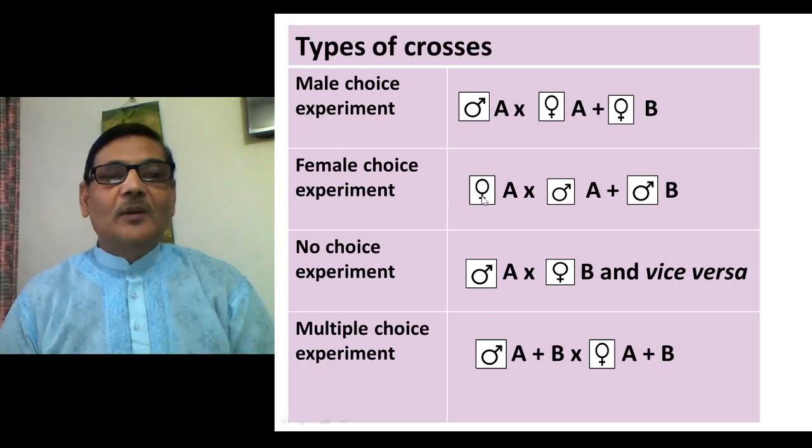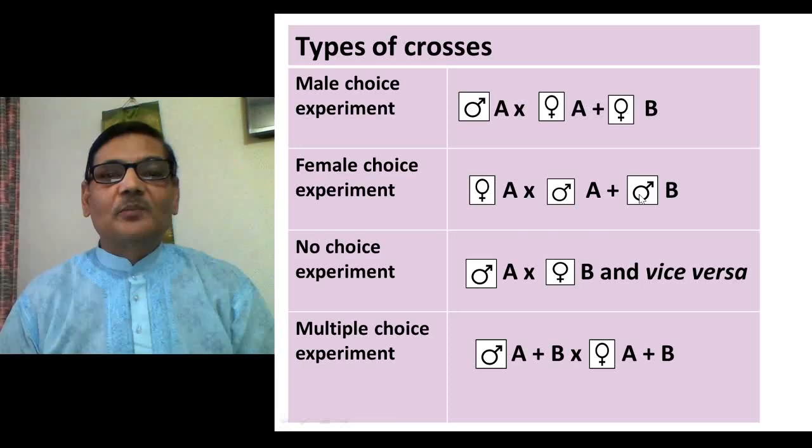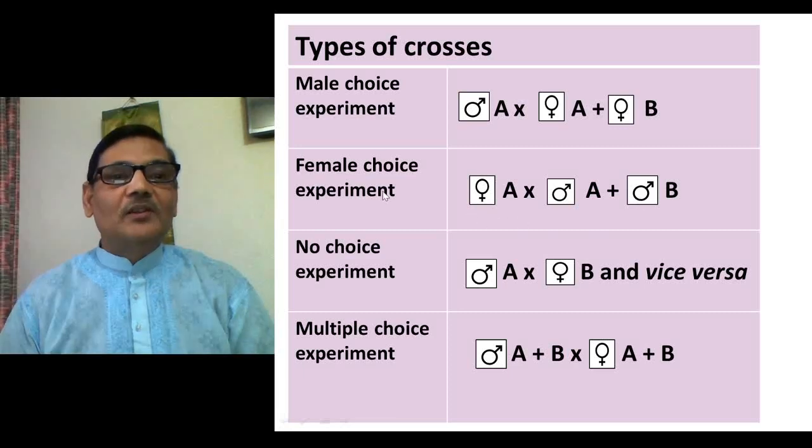Now this is up to this female whether she is allowing its own male to mate with her, or she is permitting male of a different species to mate with her. That is why this is called as female choice experiment.